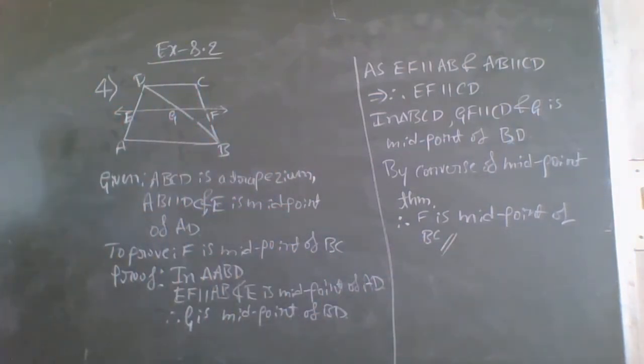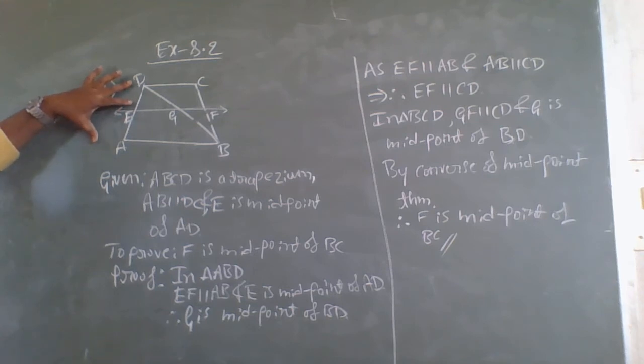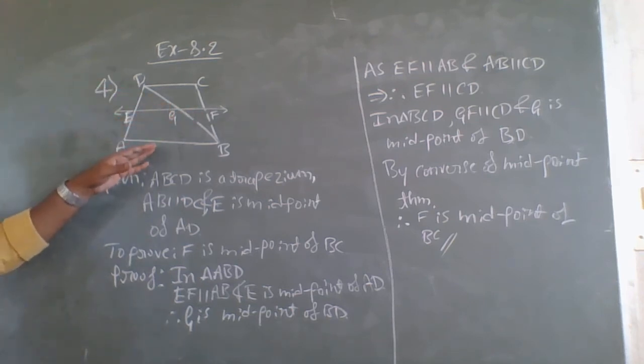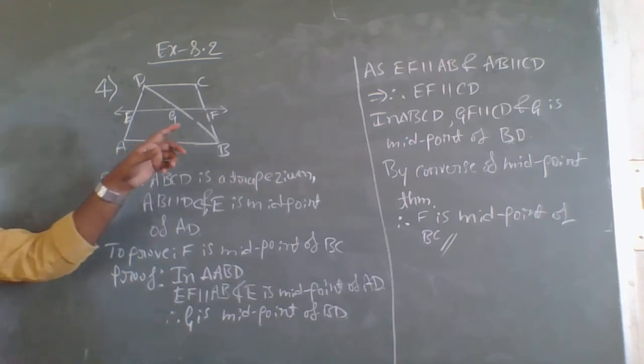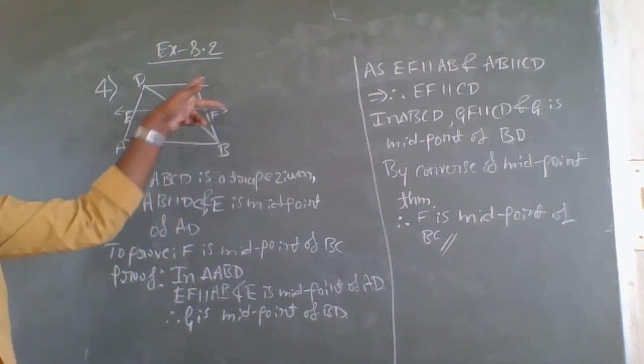So listen carefully again. ABCD is a trapezium, where AB is parallel to CD. This E is the midpoint of AD, and a line is drawn parallel to AB, and we have to prove that F is the midpoint of BC.